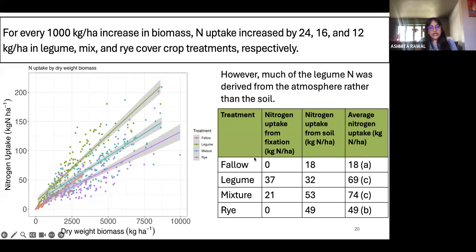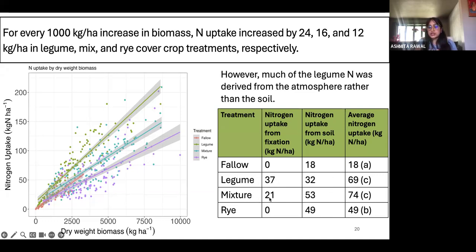So we'll look at this table and it will be pretty clear. So this is the average nitrogen uptake, the number that we just saw. So for legume, if 69 kilogram of the nitrogen was taken up in their biomass, 37 kilogram was from fixation. Although 37 and 32 are not very different from each other, more than 50% of that is fixed from atmosphere.